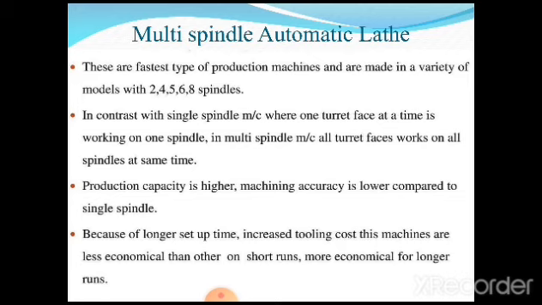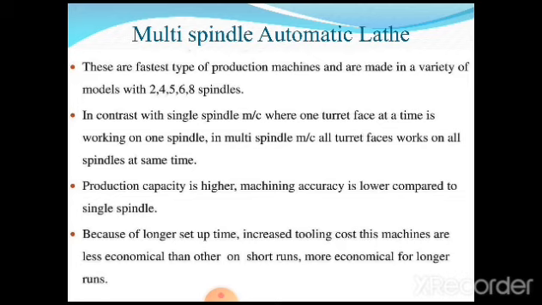Because in a multi-spindle, we need to make all the necessary corrections so that different tools are mounted correctly as per the requirement, so as to carry out the machining operation correctly on different workpieces mounted on different spindles. So that is why definitely the setup time is more.